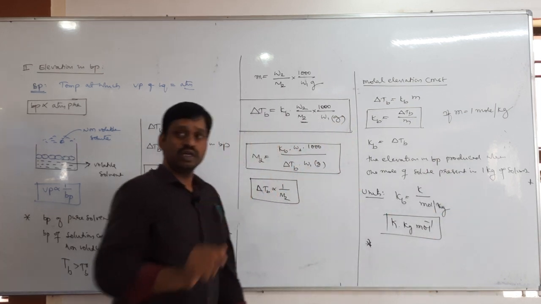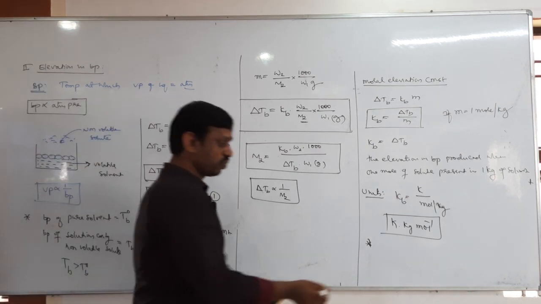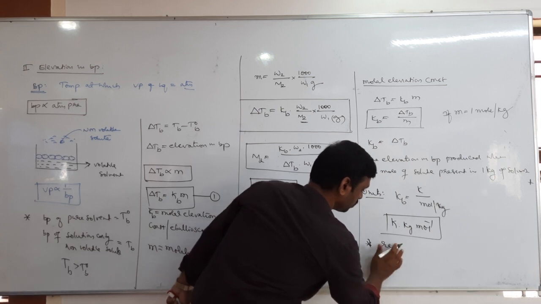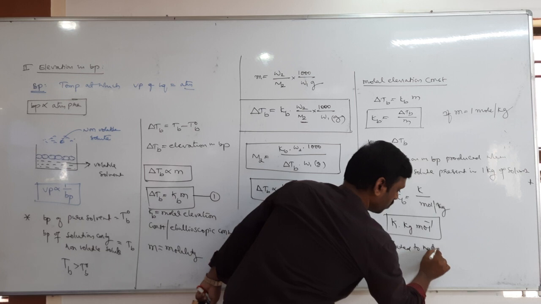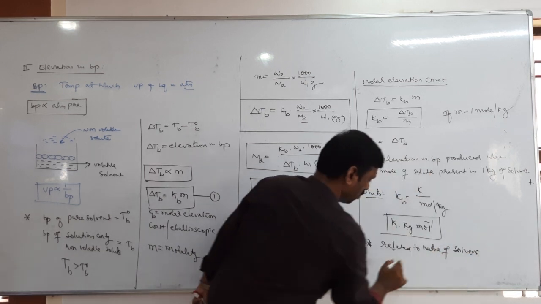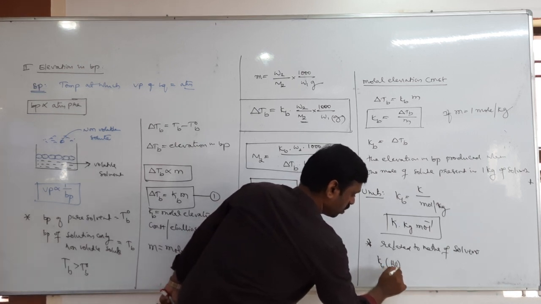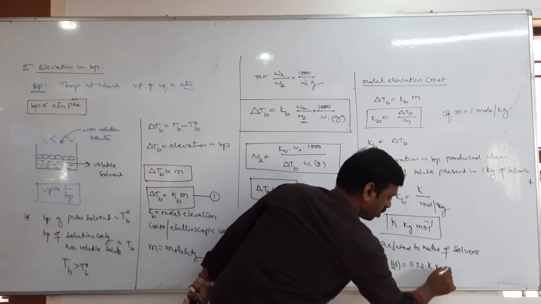For example, the Kb value of water is always constant, 0.52 Kelvin kg per mole.